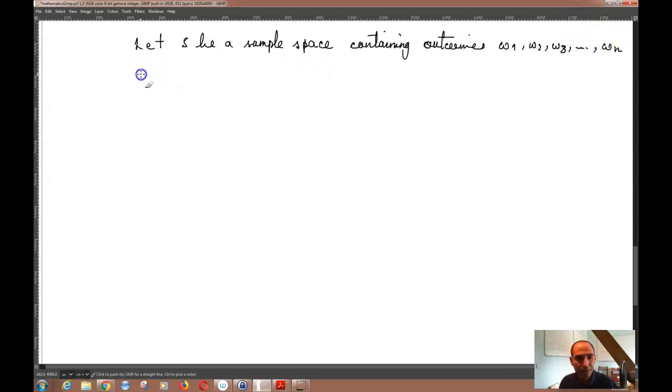That is, S is equal to the set {omega 1, omega 2, omega 3, all the way up to omega n}.